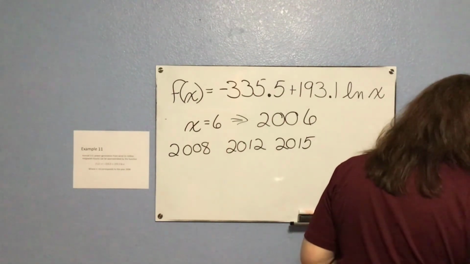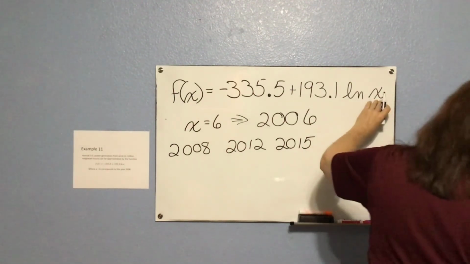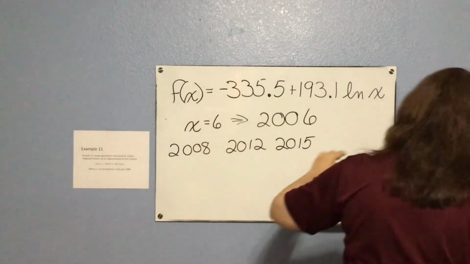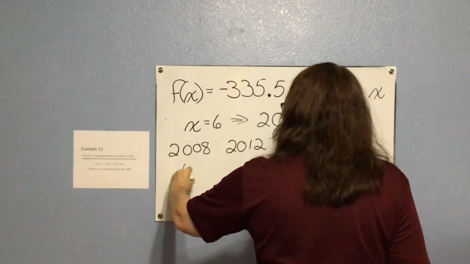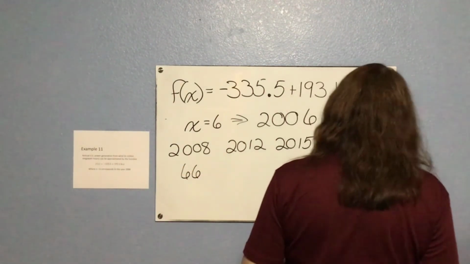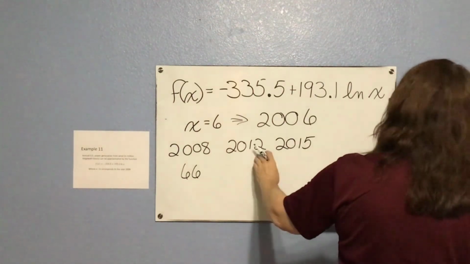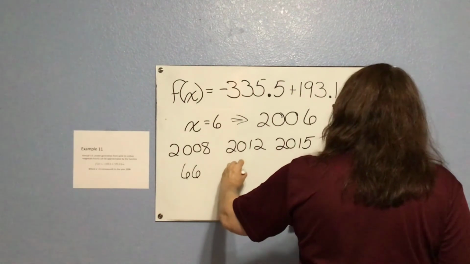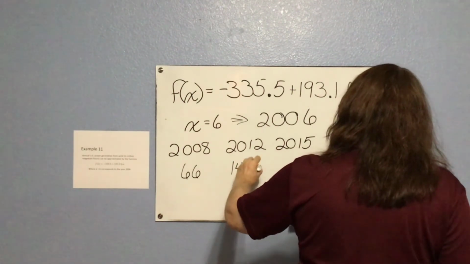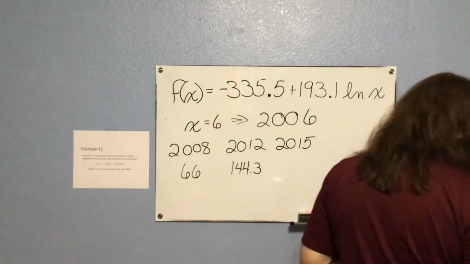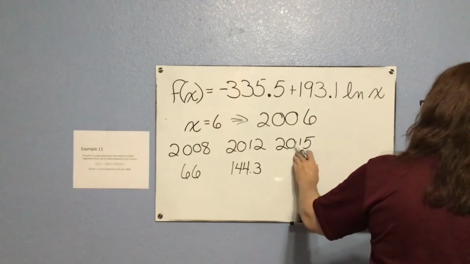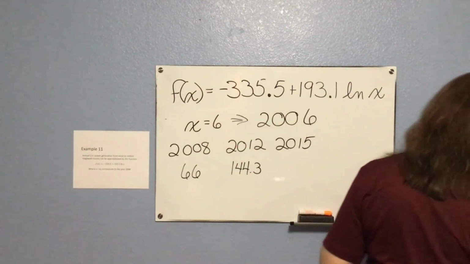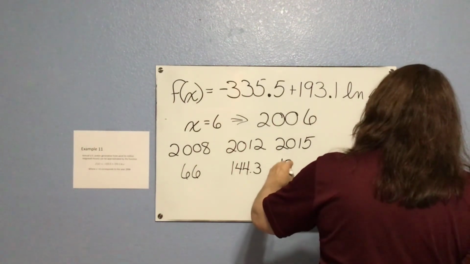The first one, when I put an 8 here in place of the x, I get about 66. When I replace x with a 12, I get 144.3. And for the year 2015, my number is 187.4.